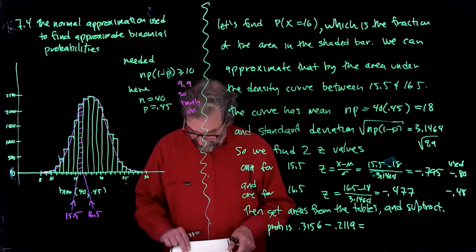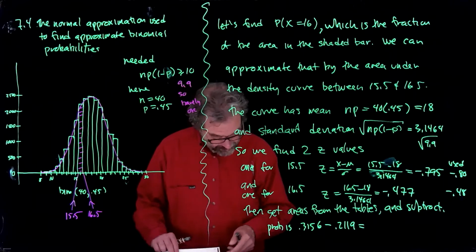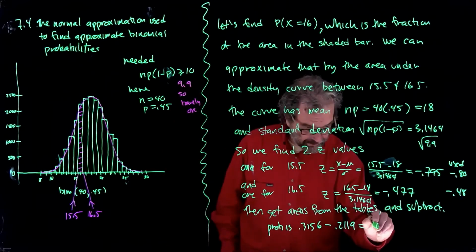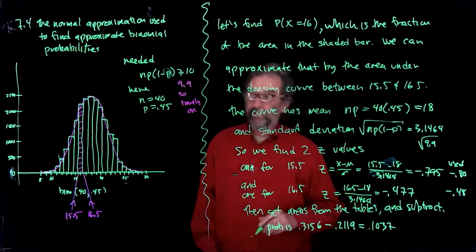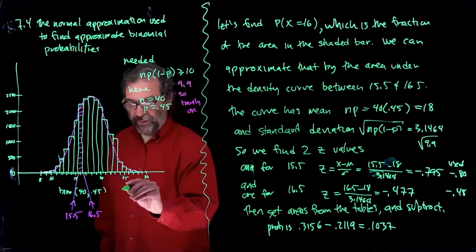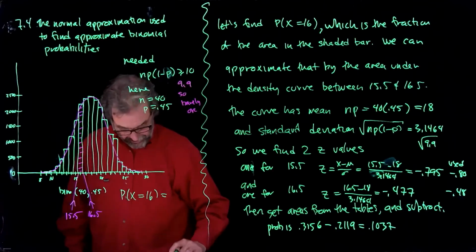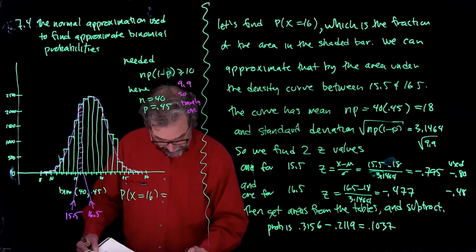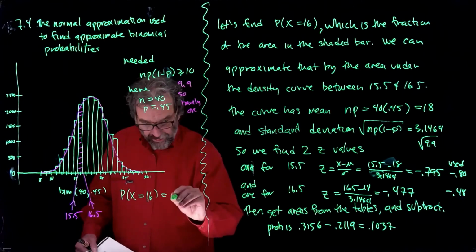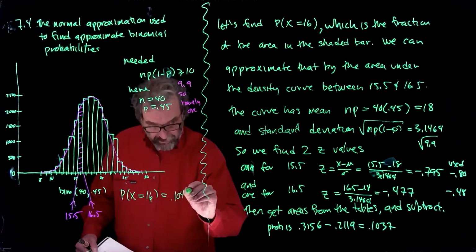Now I'm going to compare with the real answer, to see how we did. It says 0.1037. The true probability that X is 16, binomial, came out to be 0.104334.